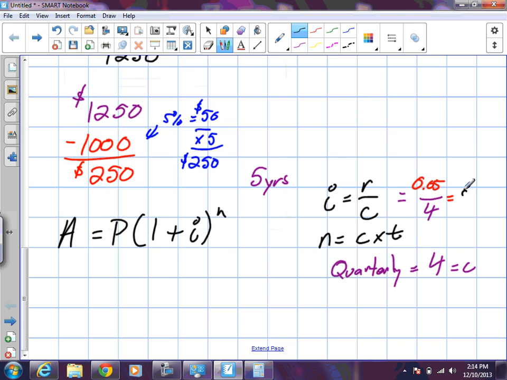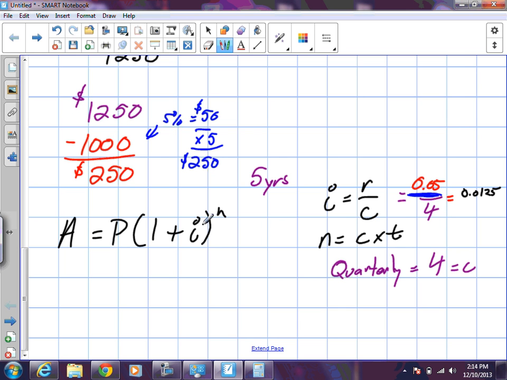Now, what that means is 4 times a year, we're getting this interest rate. And it's great because the more things compound, technically the more money we make. The idea of this is we've taken that 5% per year and we've broken it into the 4 different compounding sections.